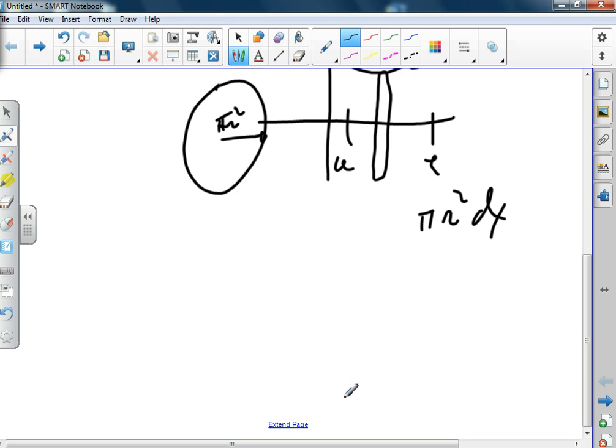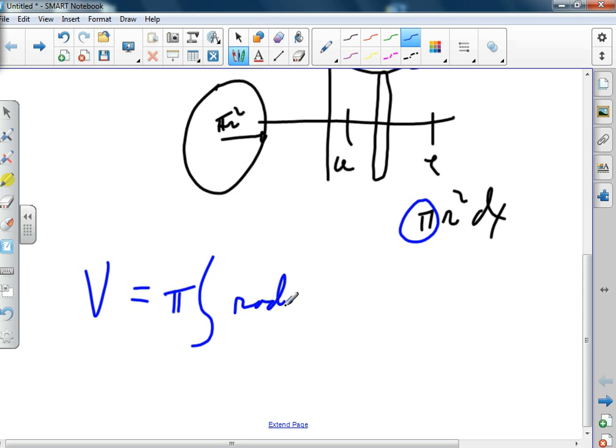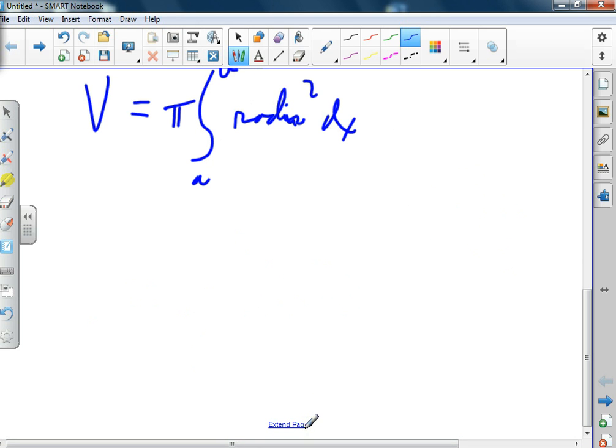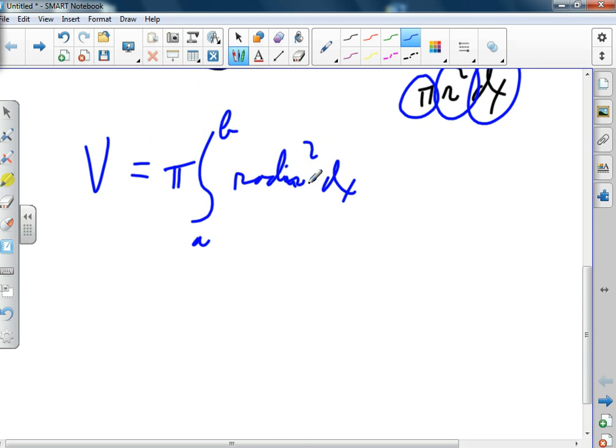All right, so I turn the page and I'm on 789, and I see that the formula is volume equals pi times the integral of the radius squared dx, going A to B. Or I could rotate around the y-axis.